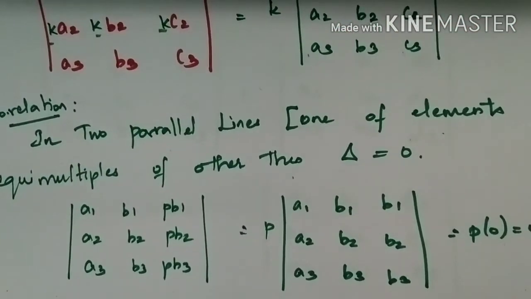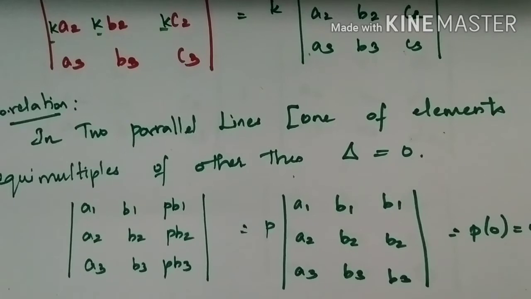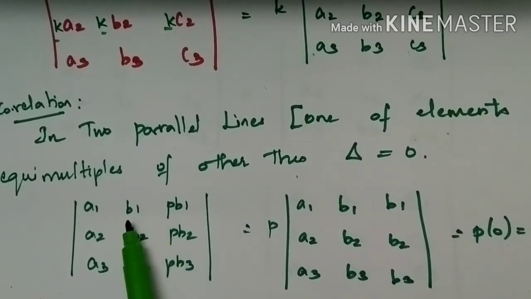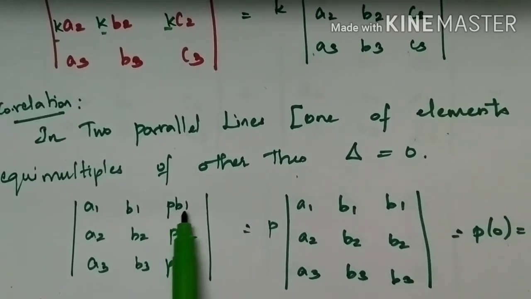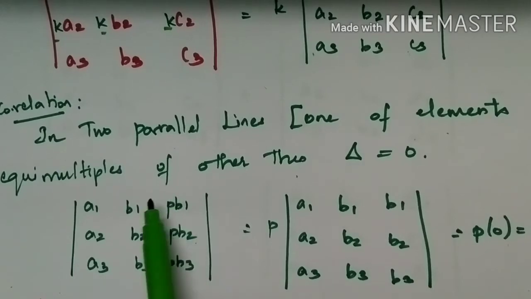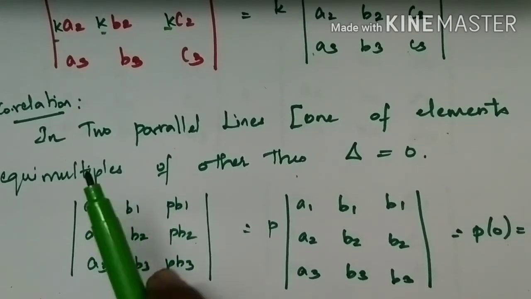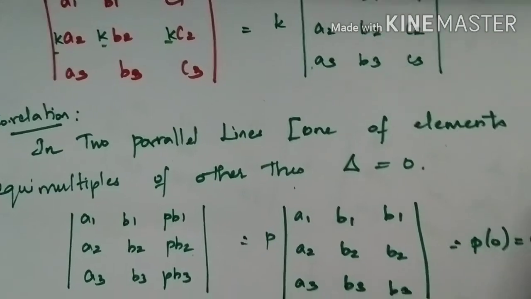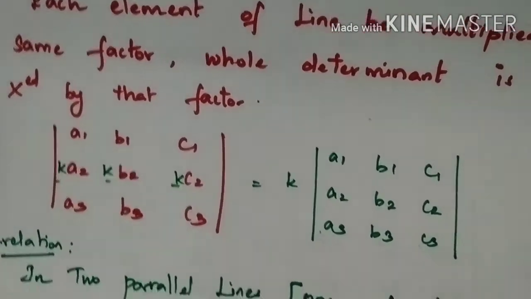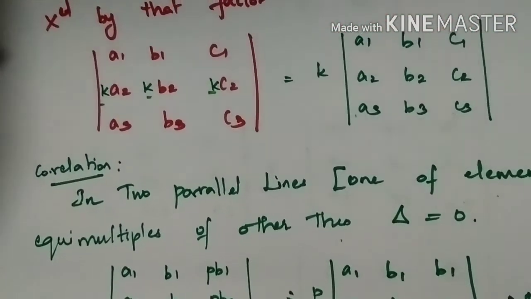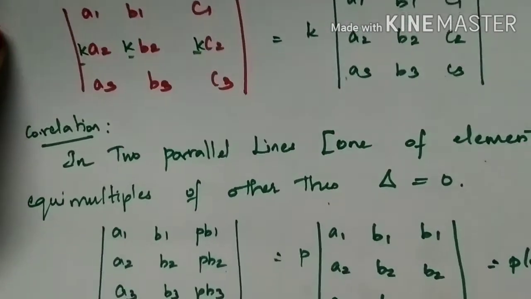If two parallel lines are identical or equal multiples of each other, the line can be either a row or a column. Here I took an example of a column which is an equal multiple of the second column, that is PB1, PB2 and PB3. P can be of any value. So in the fourth property, as I already said, if a line is multiplied by a common factor, we can take the common number out.